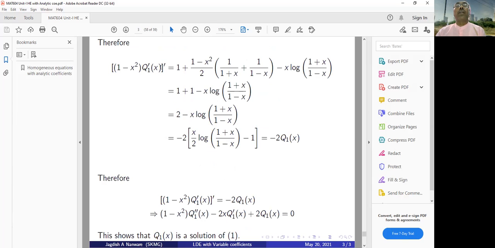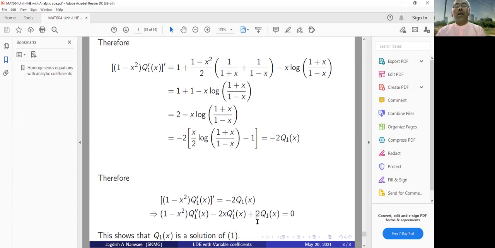Here we see that the derivative of this product of two functions is nothing but this. So take this as the first function and this as the second function, use the product rule, and we get this, which can be written as minus 2q1x. So we have this finally, and you rearrange this. Find its derivative, it is nothing but like this, and this term is plus 2q1x.